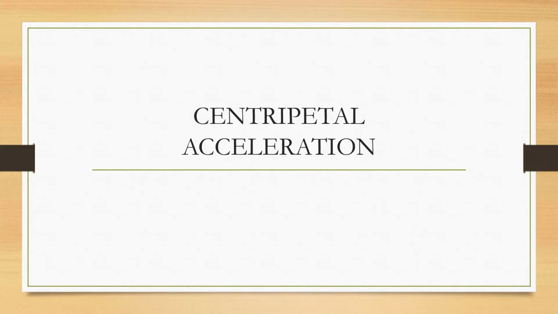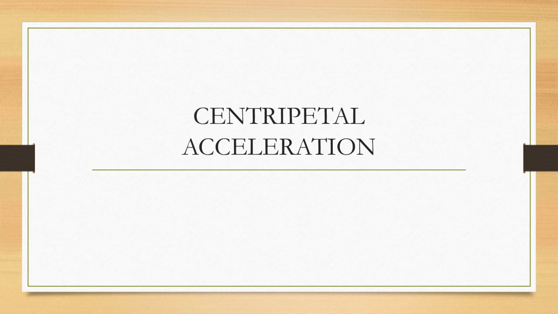After looking at the angular displacement, angular velocity, linear velocity, period and frequency, now let's look at the acceleration. The acceleration in circular motion is given a special name, centripetal acceleration. That means the acceleration that is towards the center.